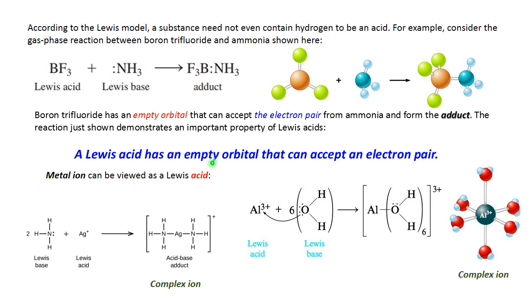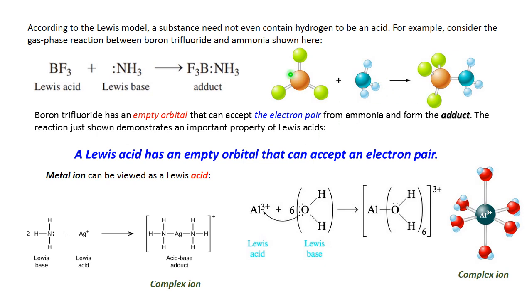Consider the gas phase reaction between boron trifluoride and ammonia shown here. BF3, a Lewis acid, is a flat trigonal molecule that reacts with NH3, a Lewis base. NH3 is not flat because it has a lone pair here.